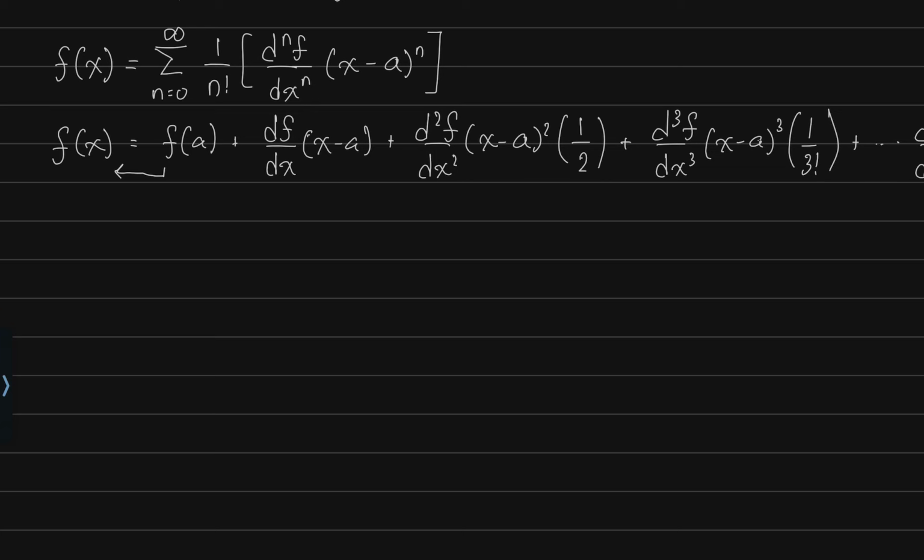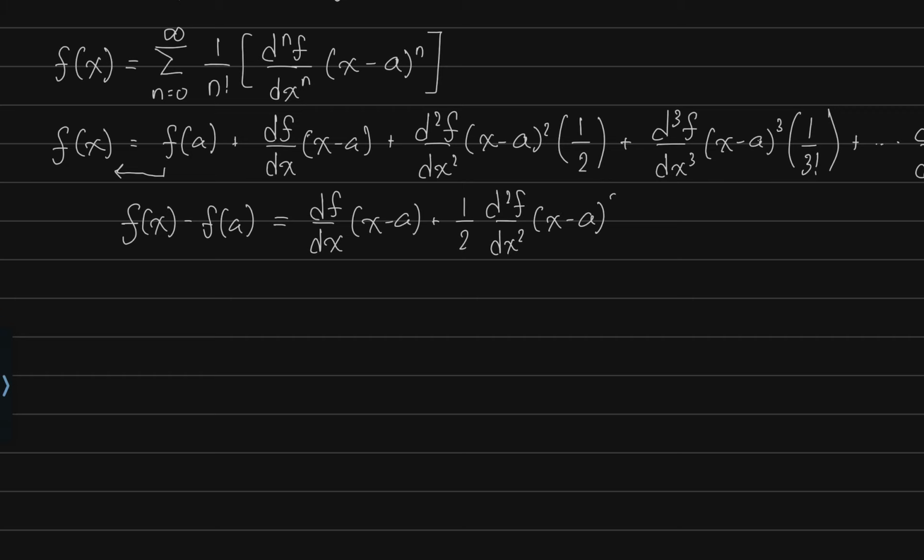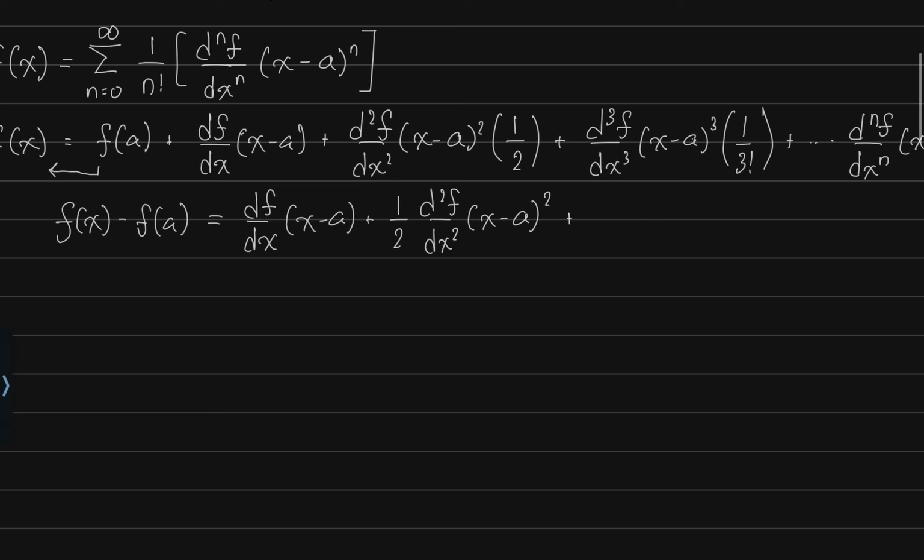So essentially, f of x minus f of a is equal to df/dx times (x minus a), plus 1/2 times the second derivative d squared f over dx squared times (x minus a) squared, plus the third term, 1 over 3 factorial, which is 1/6, times d cubed f over dx cubed times (x minus a) cubed, and so on and so forth.